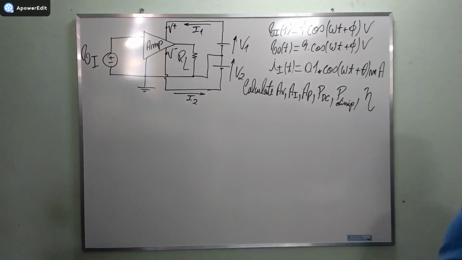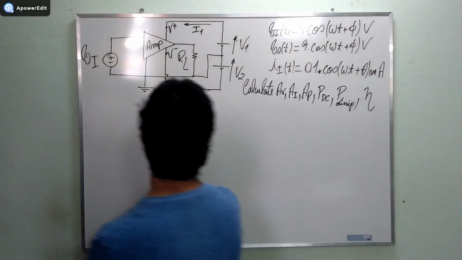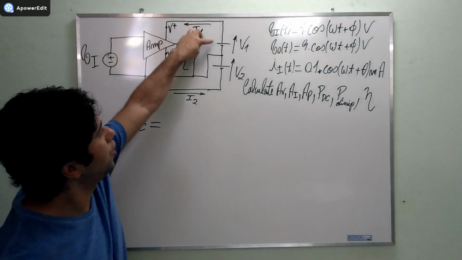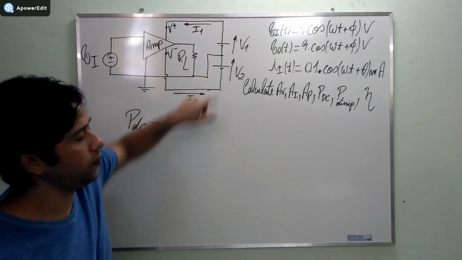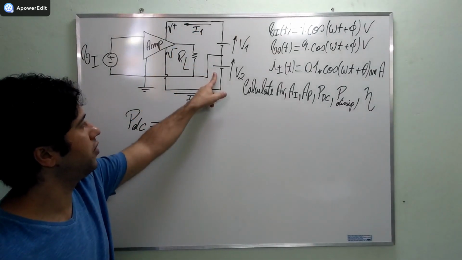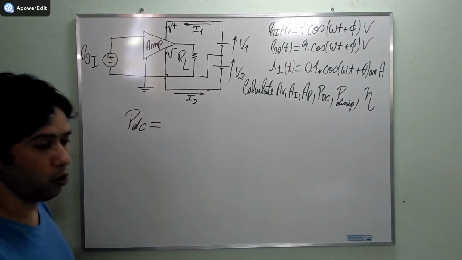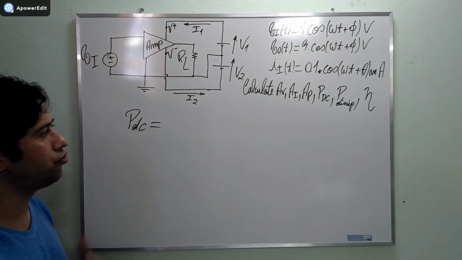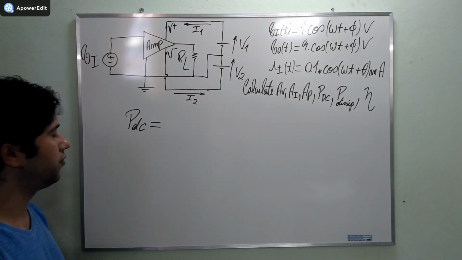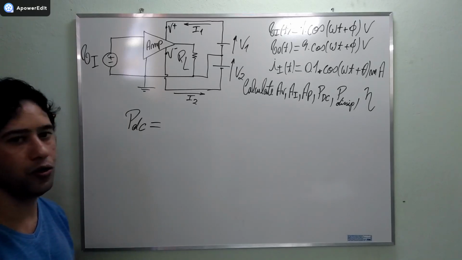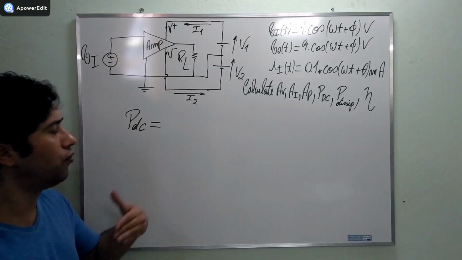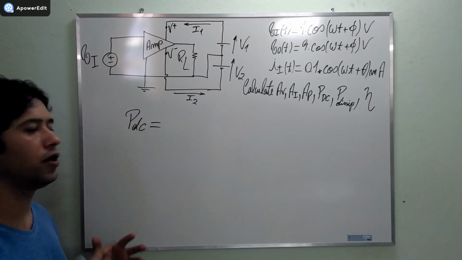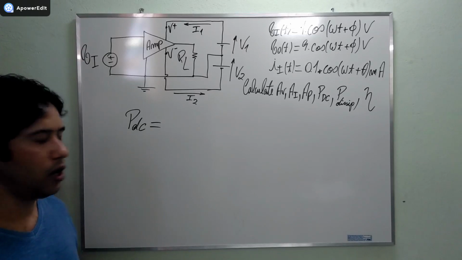Now I want to calculate the DC power, the power that comes from these DC power supplies here. When we deal with DC values, we don't need to specify which is the peak and which is the root mean square value, because for DC values, the root mean square value and the peak value are the same, okay?